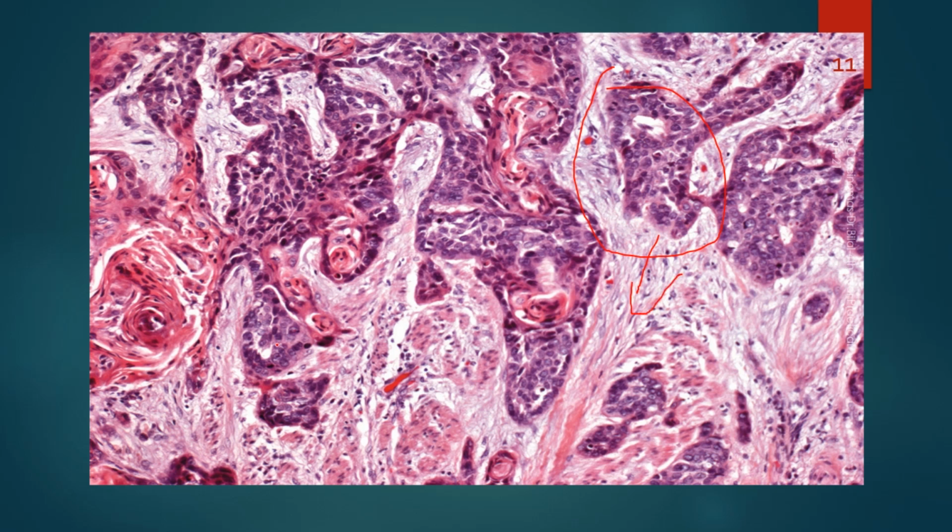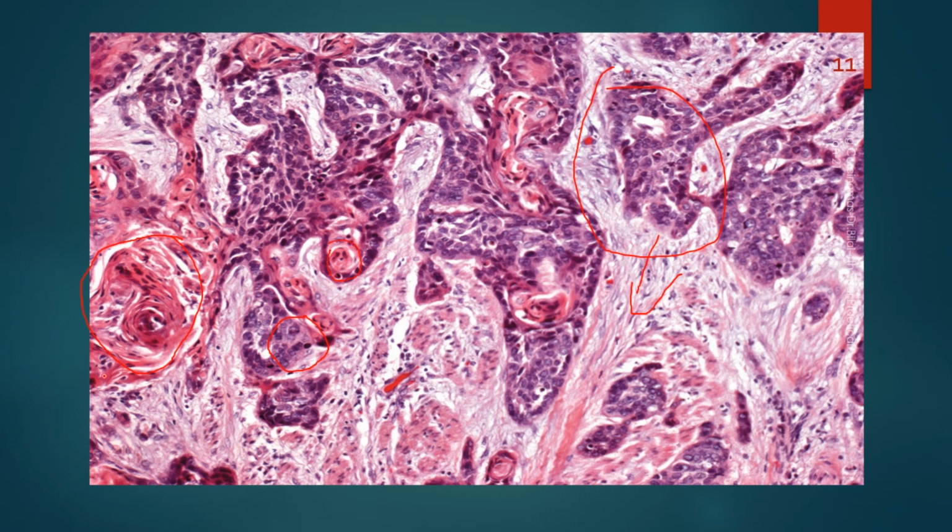And the cytoplasm is a bit more eosinophilic. You may not be able to appreciate it at this magnification, but if you look closely in this region, the cytoplasm is eosinophilic. And then there's a structure known as keratin pearls. You can see here, this is a keratin pearl, one example, then there is another example here.